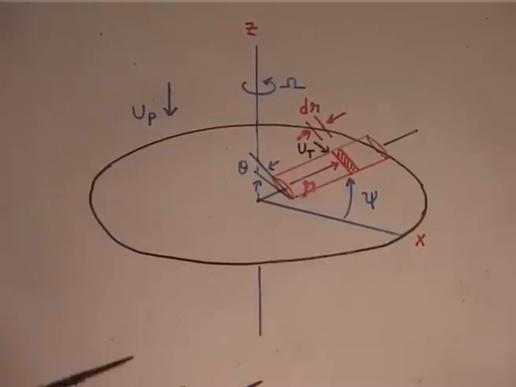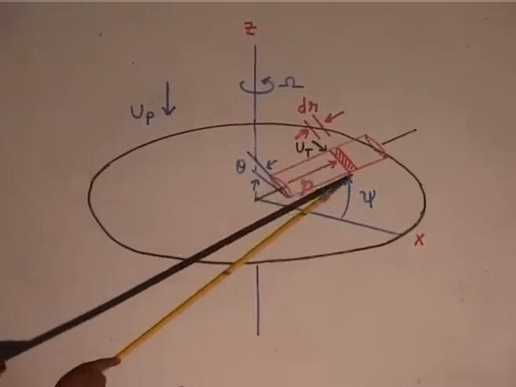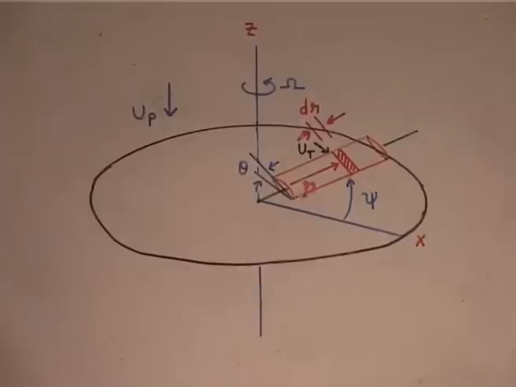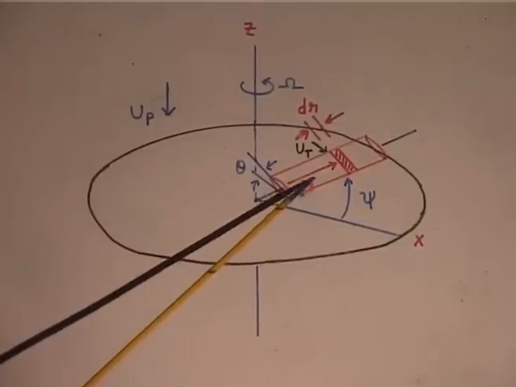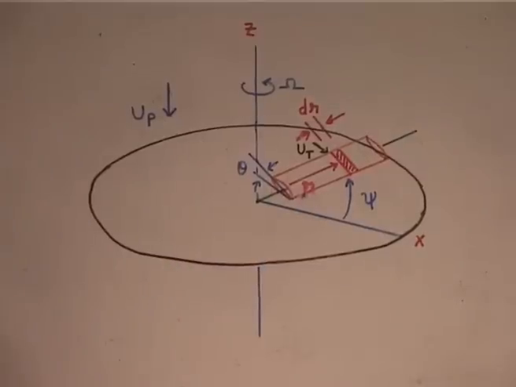And this is a small elemental cross section dr. Because please note my omega r is changing depending on the radius, that is why the lowercase r is used for the running variable along the span of the blade.